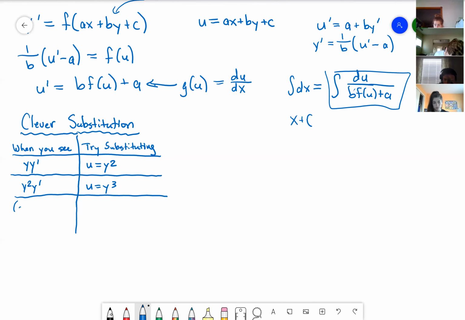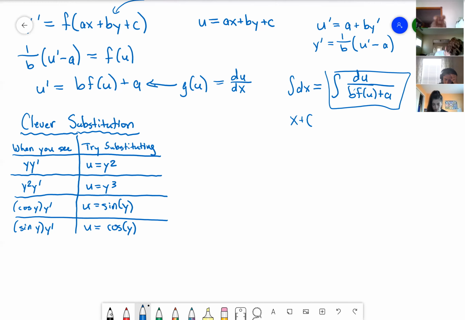If you see cosine y prime, try sine y. You see sine y prime, try cosine y. You get kind of a feeling for the pattern.